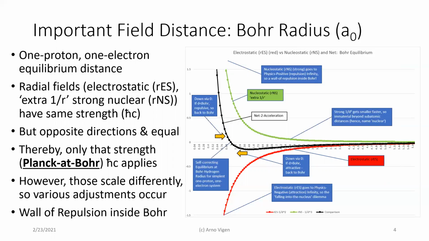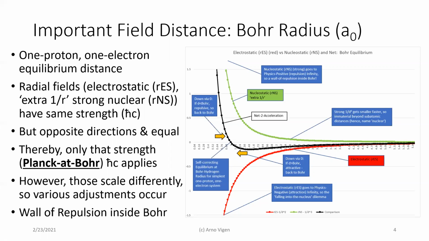Now, the thing is, for the simple hydrogen atom, one proton and one electron, both of those forces have the same strengths, and that is the Planck constant in the hc version. Now, these are the same strength, but they are in opposite directions and equal.